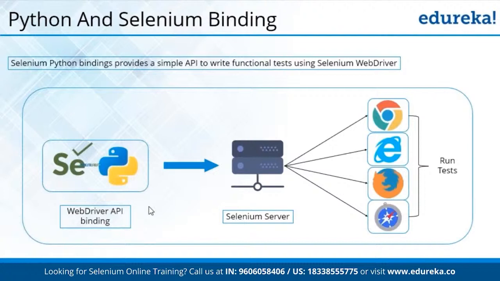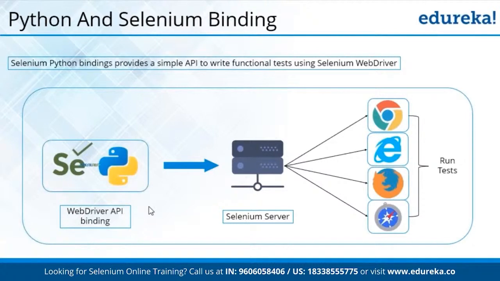These are the binding libraries which are created, and with their help you connect to your Selenium server, and with the help of your server and the driver binding libraries of each browser, you allow the Selenium script to run on the various browsers as you expected. So as per your script, it will perform the operation on the browser.